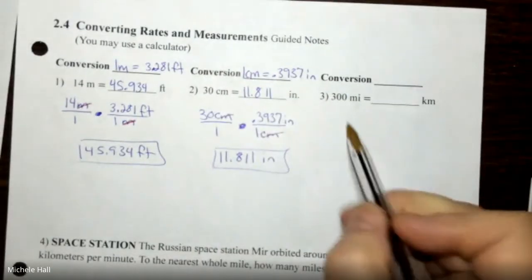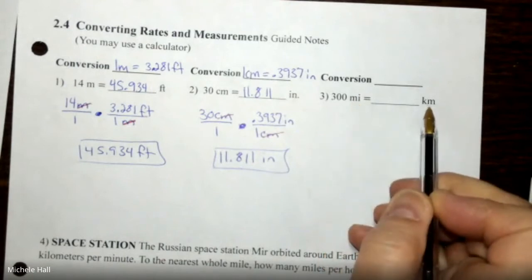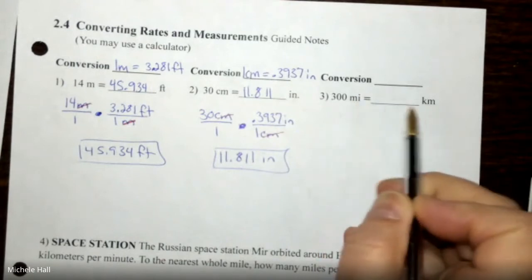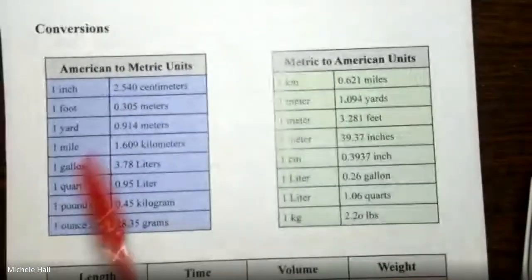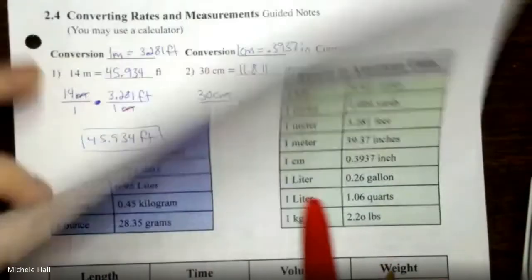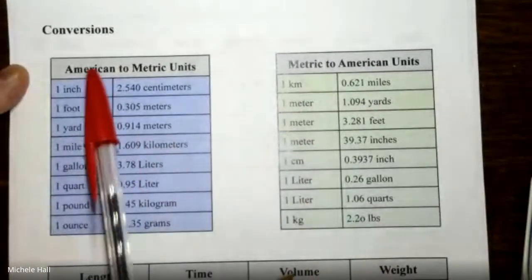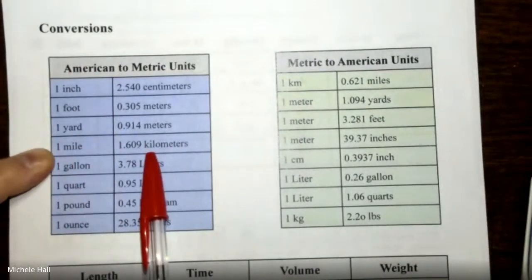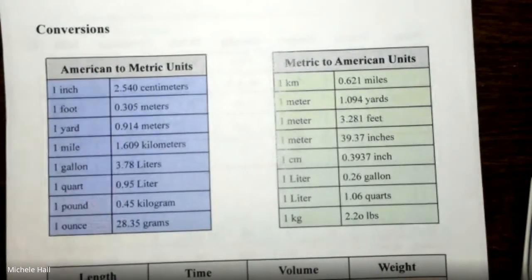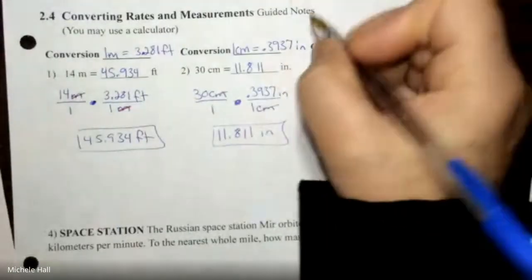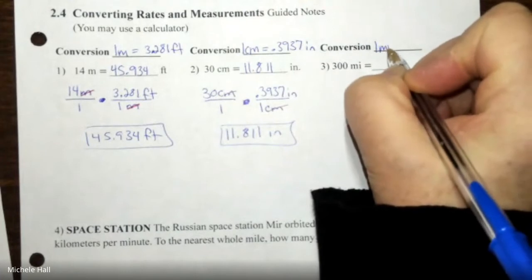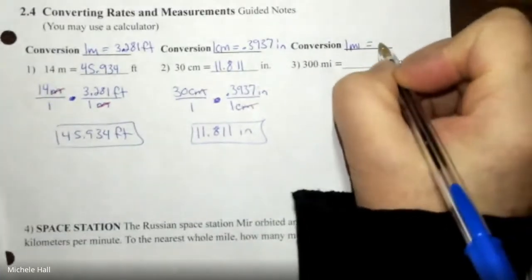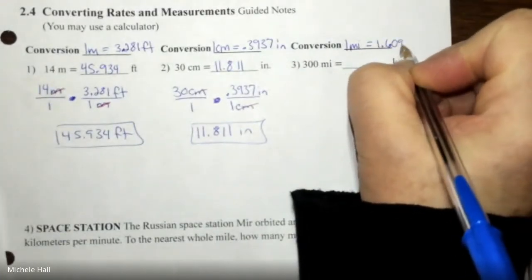Next, we have 300 miles into kilometers. So we're going from American units to the metric unit. American to metric, and we're looking for miles and kilometers. 1 mile equals 1.609 kilometers.